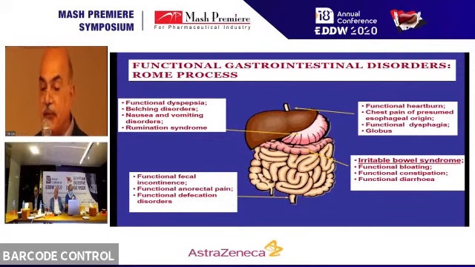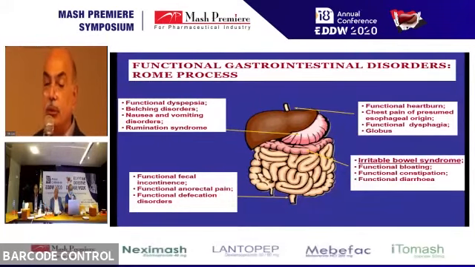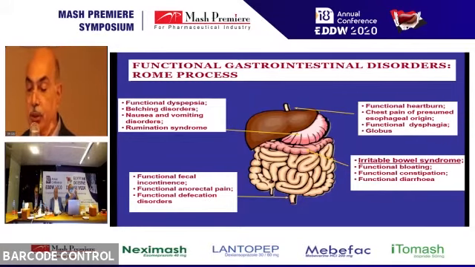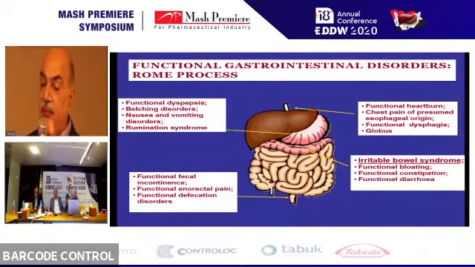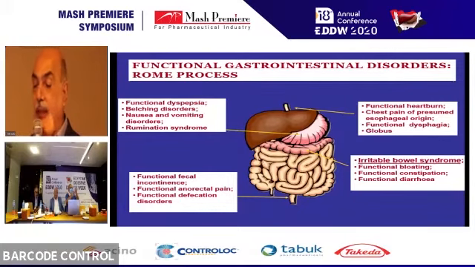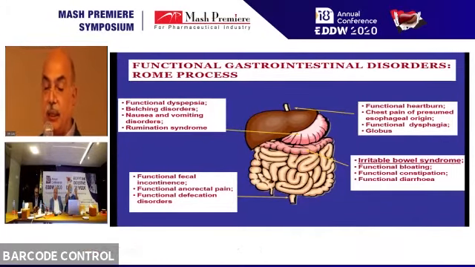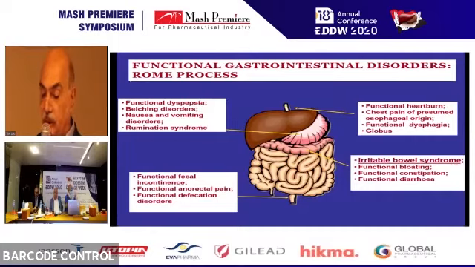If it affected the gastroduodenal area, we can encounter functional dyspepsia, belching disorders, rumination syndrome. If it affected the colon, we can, of course, get irritable bowel syndrome. If it affected the rectum, we can encounter functional fecal incontinence and functional defecation disorders.